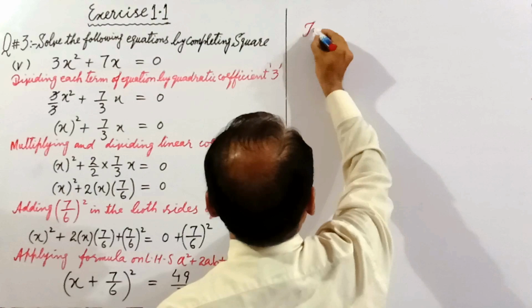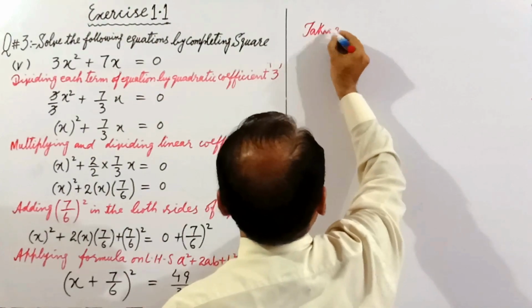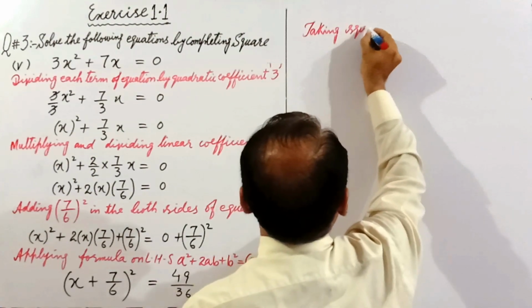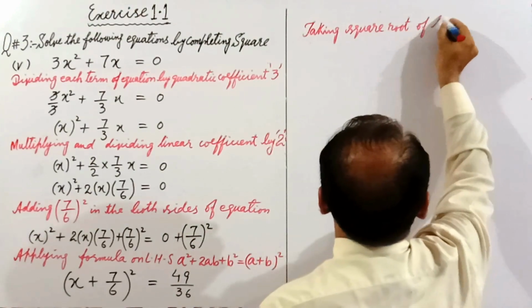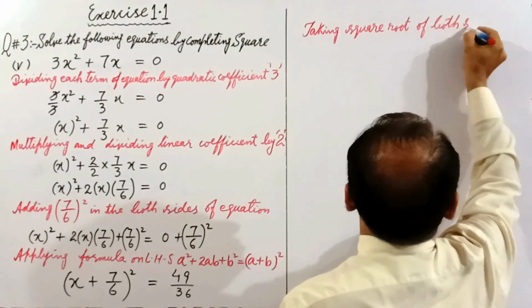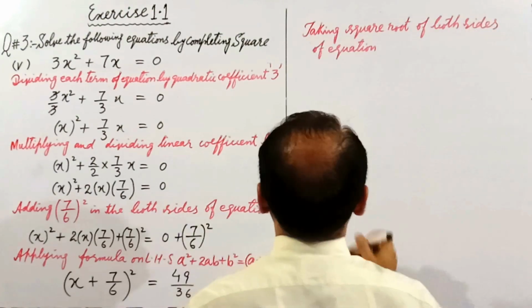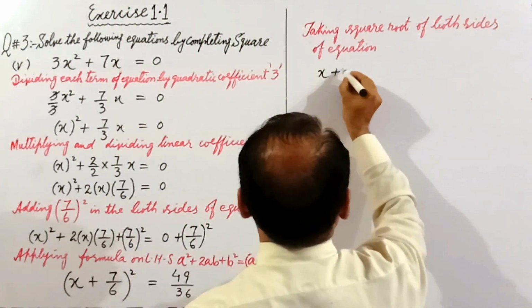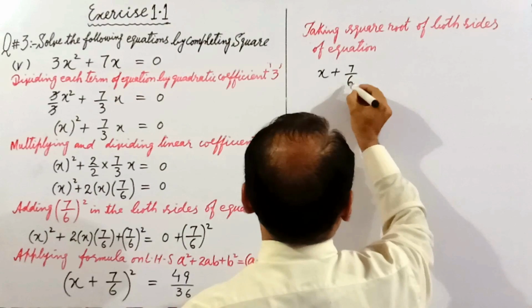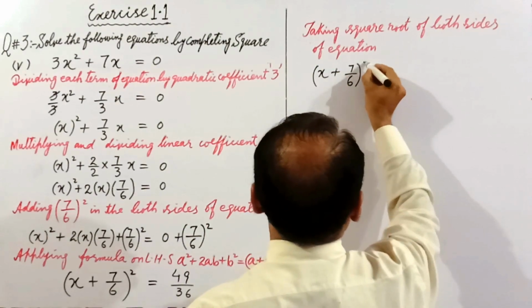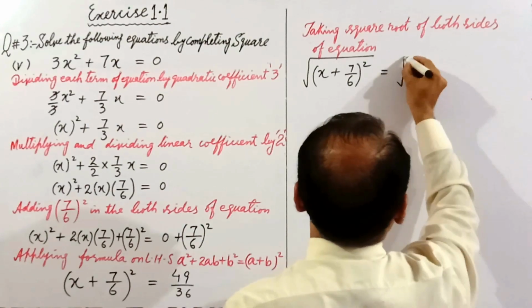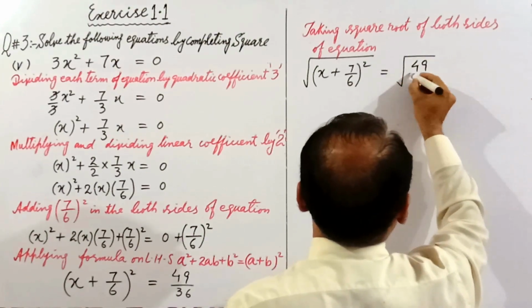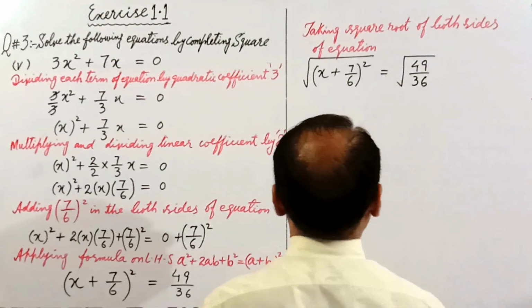By taking square root of both sides we get x plus 7 over 6 whole square under root is equal to square root of 49 over 36 in the right hand side.